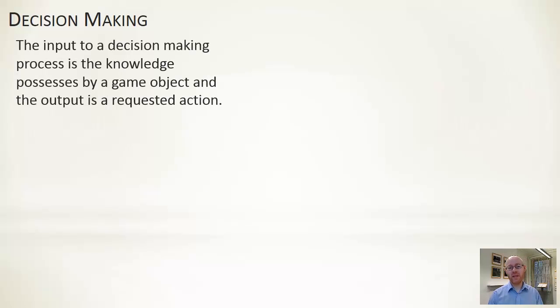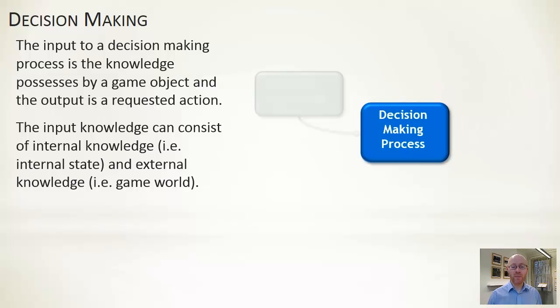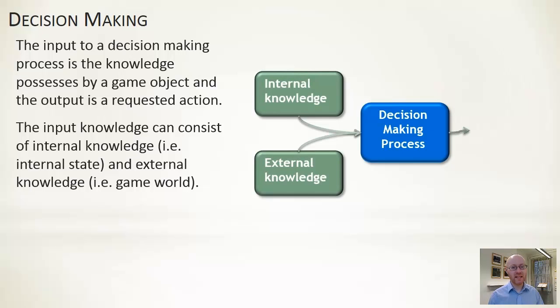If we're thinking about this generically, and we do want to do it at this point because we're trying to present something that really applies across most games, we can say that we have a decision-making process. As mentioned, it takes in information, things that you've sensed. An important distinction here is that we can do this two ways.